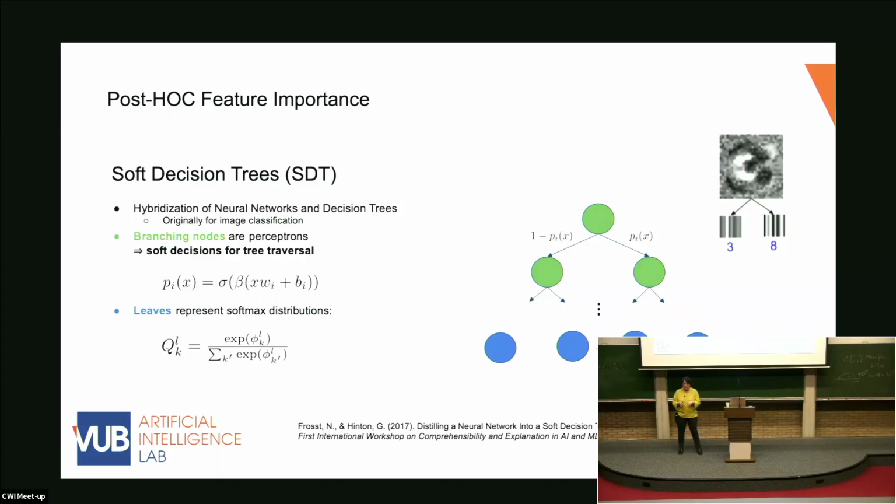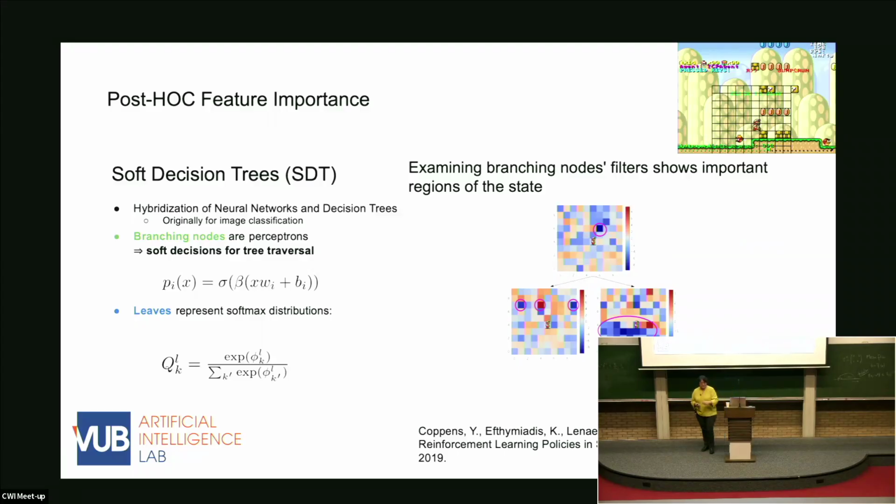Soft decision trees are like regular decision trees, but the decision nodes are small perceptrons. So they're a bit more complicated than regular decision trees. The idea came from visual tasks, where, for example, handwritten digits had to be recognized or correctly classified. We also used that on our Mario game to better understand what Mario is basically looking at to condition its action.